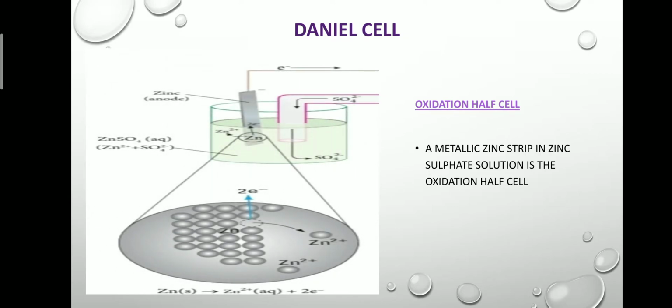So look at here, in the oxidation half cell, a zinc metal strip is placed inside a zinc sulfate solution. This zinc metal strip acts as an electrode, and the zinc sulfate solution acts as an electrolyte. These two constitute an oxidation half cell.